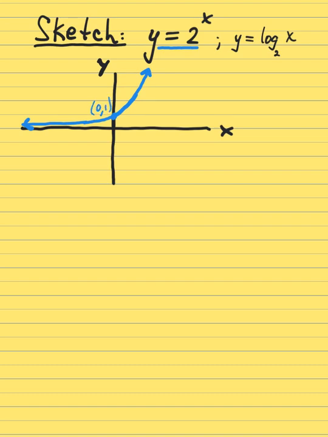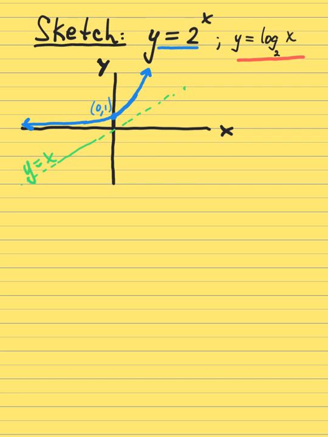From what we know about inverse graphs, there is a diagonal that acts as a mirror where a graph and its inverse are reflective of one another. Let me try to make a better line real quick. There we go. Now in red, we'll do the logarithmic graph.